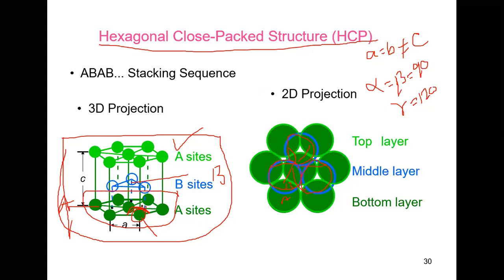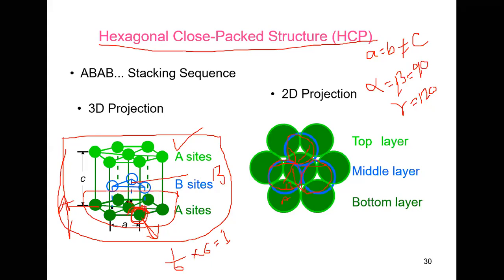So each corner atom is shared by 6 unit cells, and its contribution in this unit cell is 1 by 6. How many such atoms are there? 6. So 1 by 6 multiplied by 6 gives you 1 from the outer rim.